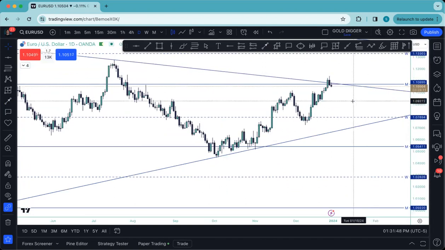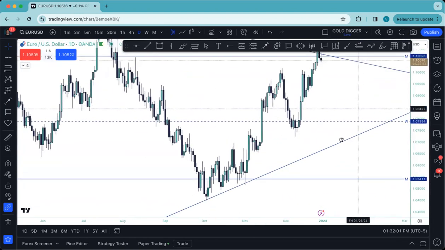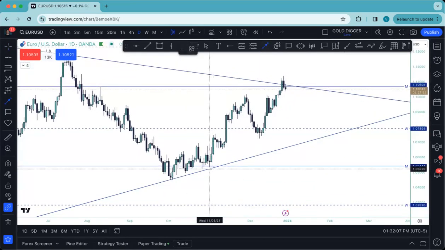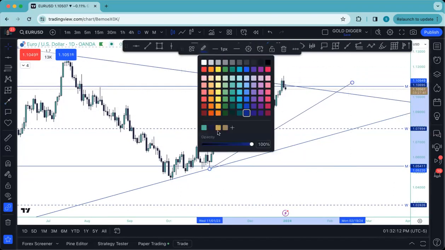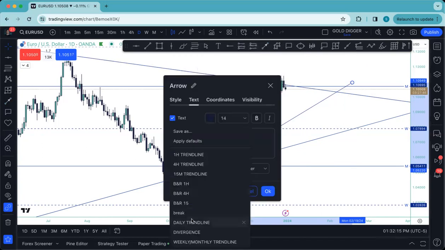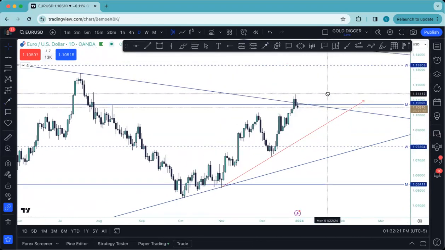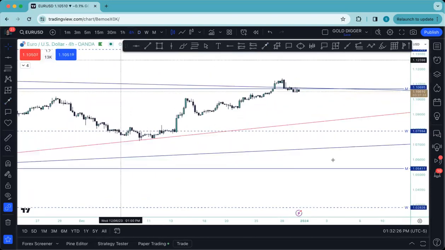Let's see what we got going on in the daily. And with the daily, like I told you guys before, I don't identify the support and resistance zones. We are just going to identify the trend line and see what is going on. So we got 1 point, 2 point, and the daily trend line is red. Okay, so we did that. And then let's go to the 4-hour.